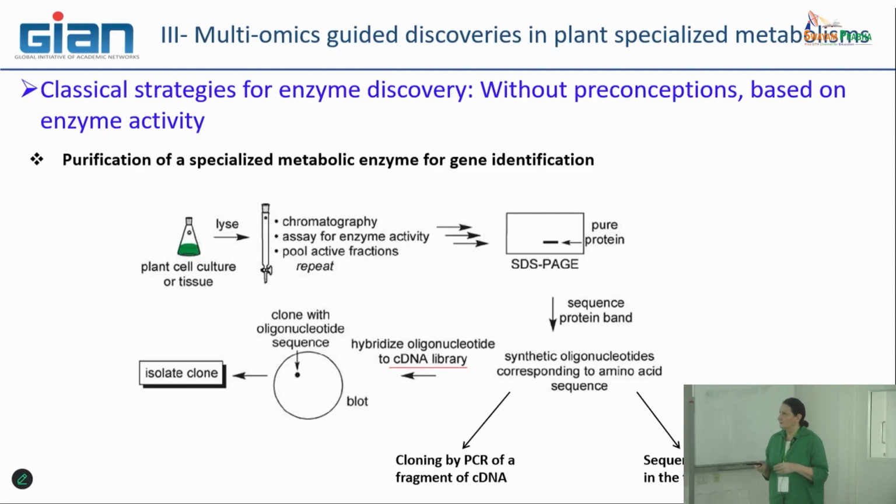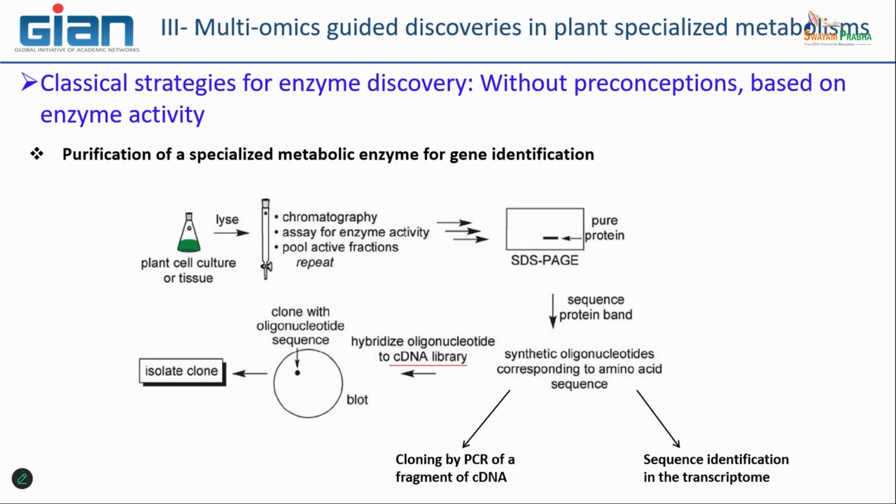One of the first strategies that have been developed is a classical one, based directly on purification of specialized metabolic enzymes for gene identification. It means that the idea was we have some plant or cell culture or plant raw materials.